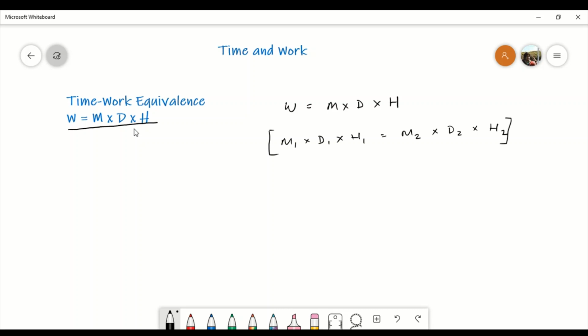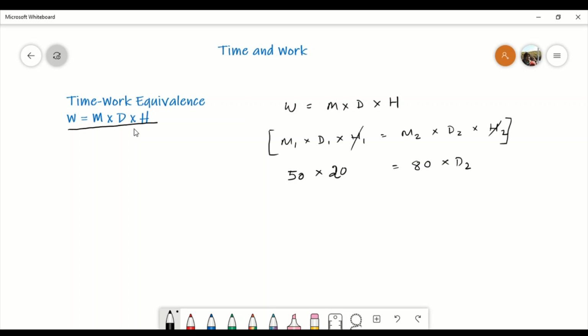A few seconds ago we saw a type of question in which it was asked that if 50 men can do a work in 20 days, then in how many days can 80 men do that work? In that case H1 and H2 are the same, because it was not given explicitly that they are working more or less.